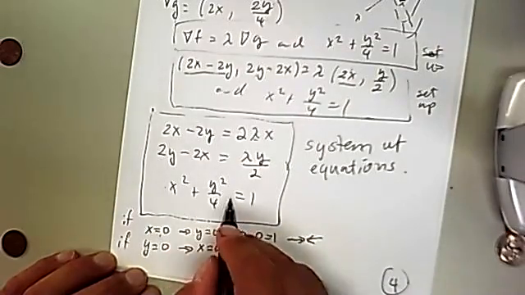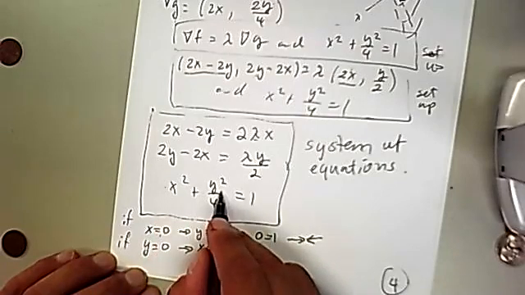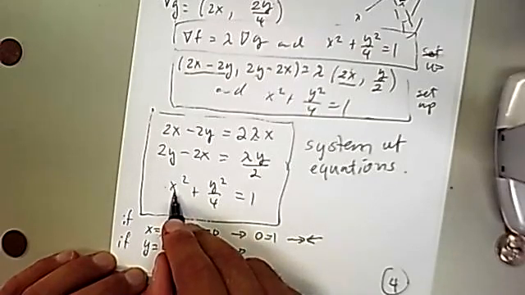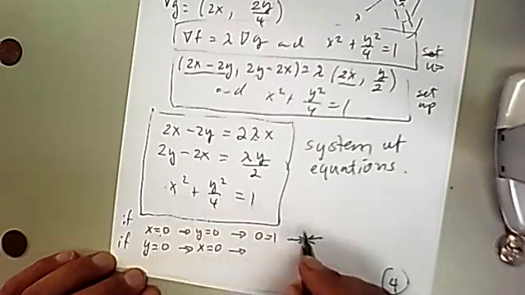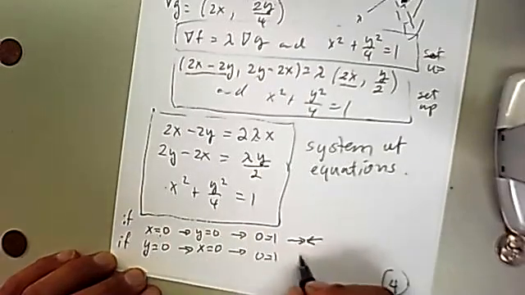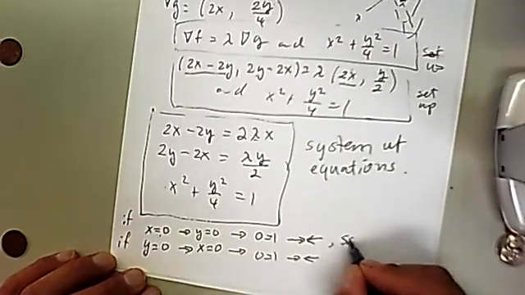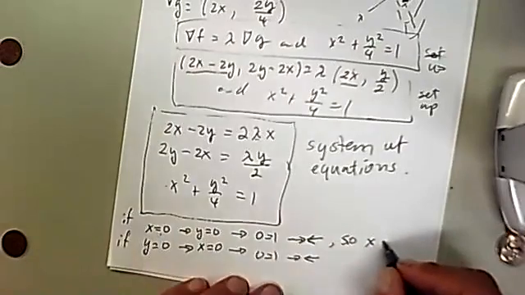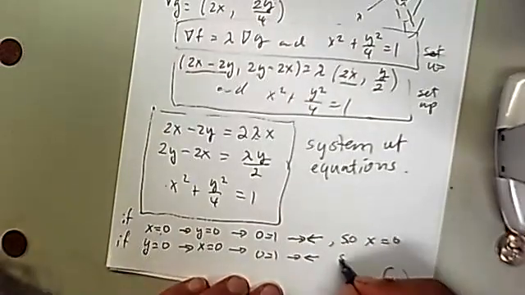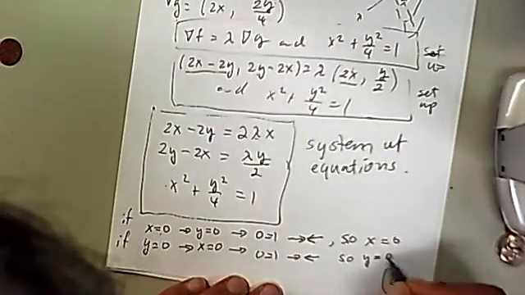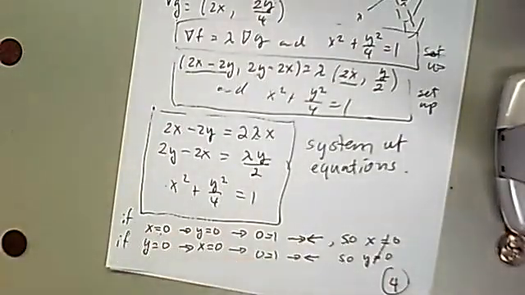And when you plug in that y of 0 and that forced x of 0, we end up with, again, 0 equals 1. That is a contradiction. After the contradiction, we can establish that x may not be 0. And likewise, y may not be 0.